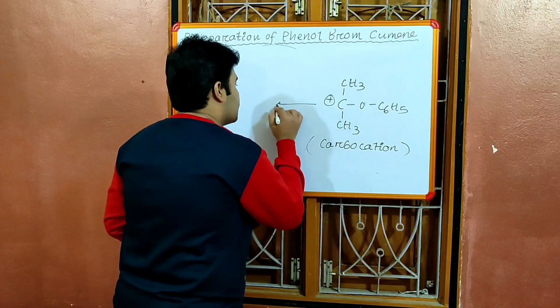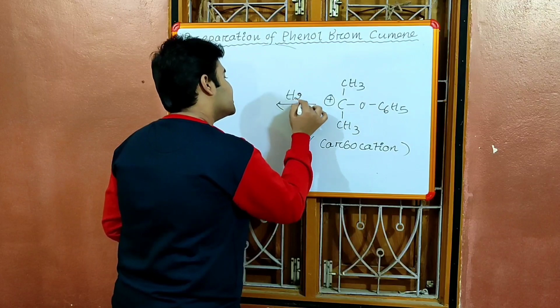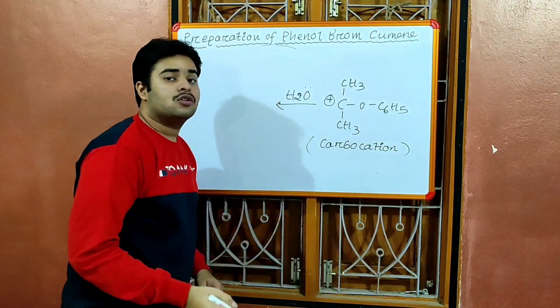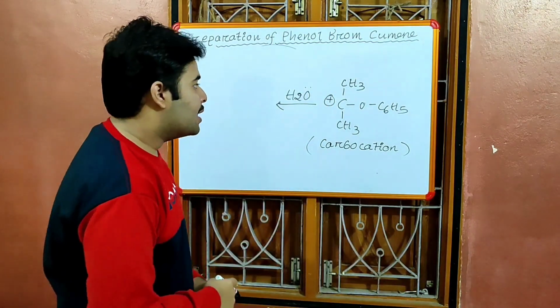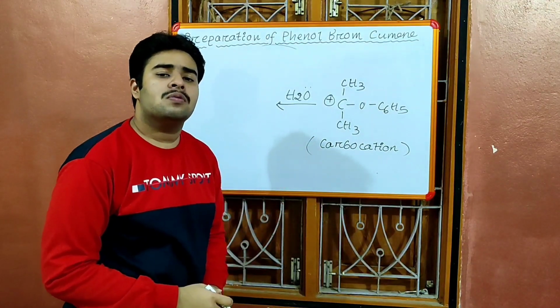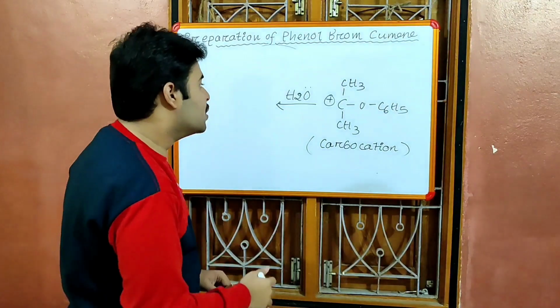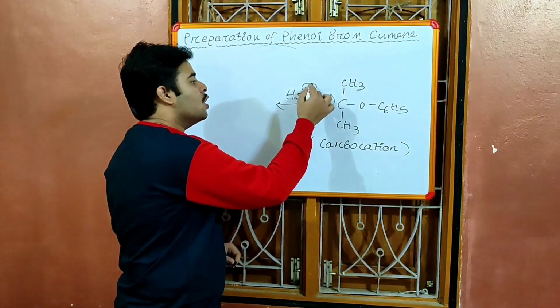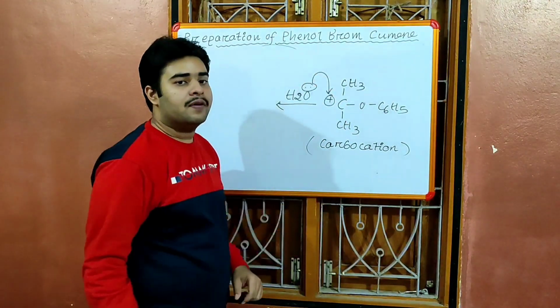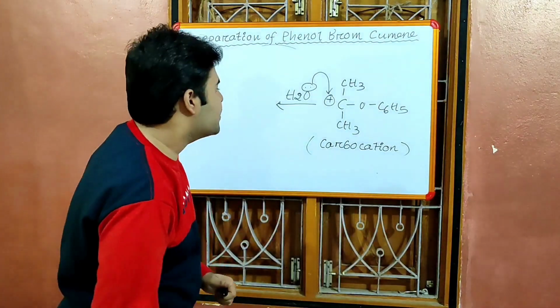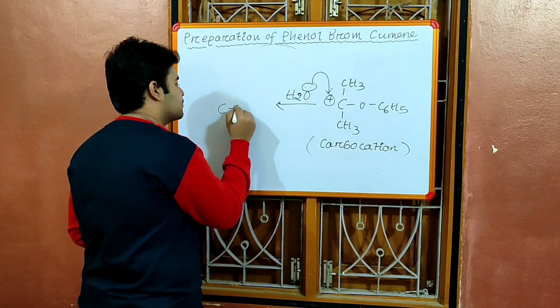As there is the presence of water, and there is the lone pair of electrons over the oxygen atom, and there is the absence of electrons over the carbon atom, which is now bearing the positive charge, what will happen? This electron pair will fill the deficiency of electrons over the carbon atom, forming this.